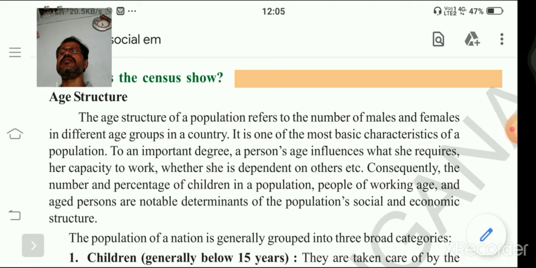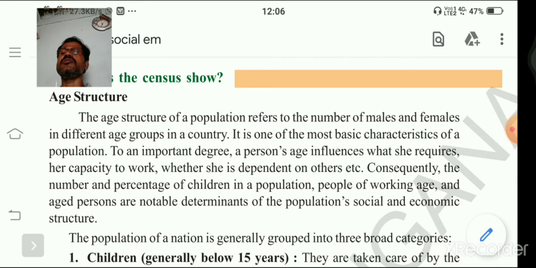It is important because it influences the capacity of the different age group people, and whether they have the capacity to work, whether they are dependent on others.